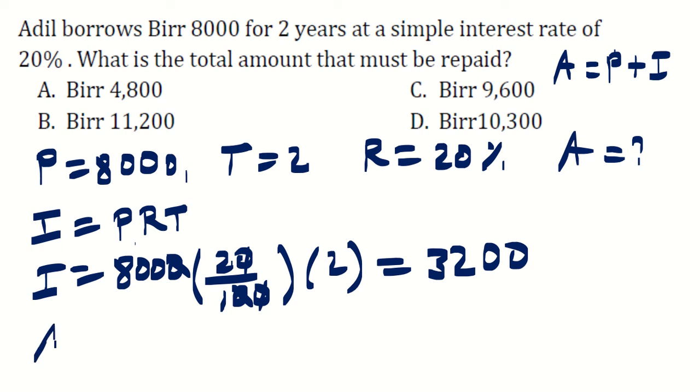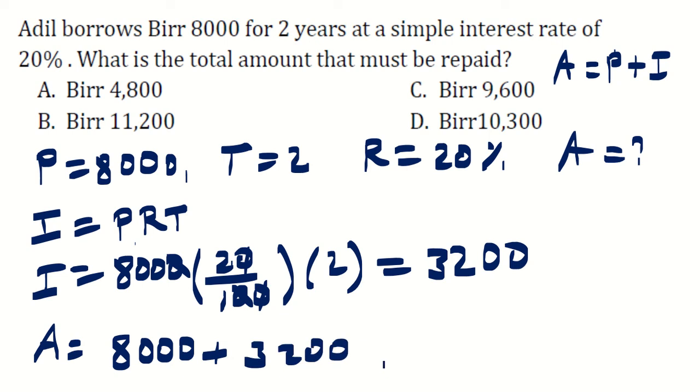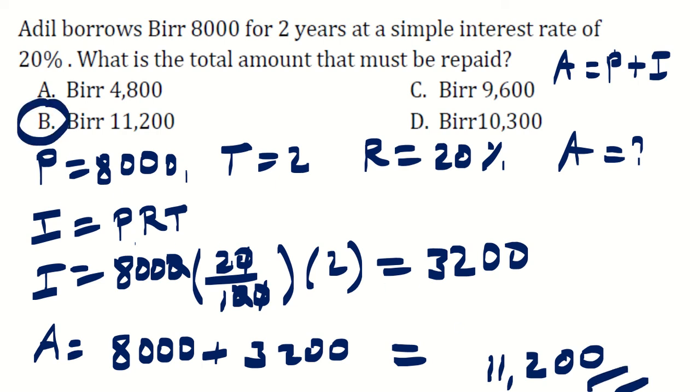Therefore, the amount will be the 8,000 plus the interest, 3,200. When you add it, 11,200 will be the amount that he has to repay.